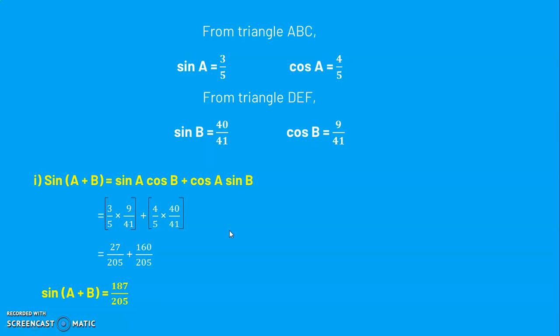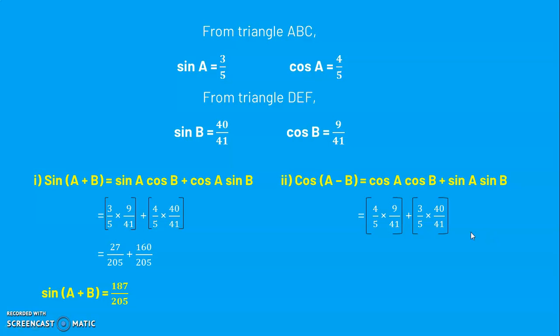Likewise, we can find out your cos A minus B too. Your cos A minus B is cos A cos B plus sin A sin B. So your cos A is 4 by 5 and your cos B is 9 by 41. Your sin A is 3 by 5 and sin B is 40 by 41.